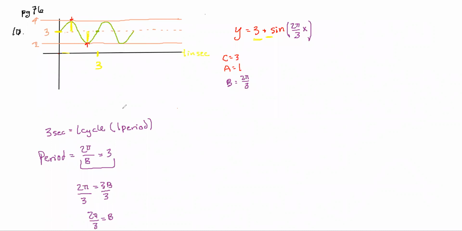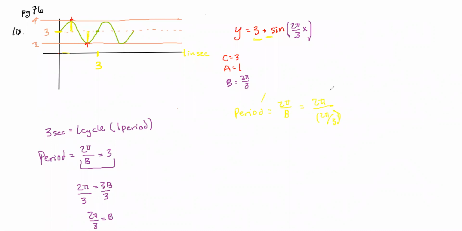And I can go ahead and prove that my b will give a period of 3 seconds by saying period is equal to 2 pi over b. And if b is equal to 2 pi over 3, then this is equal to 2 pi over 2 pi over 3.